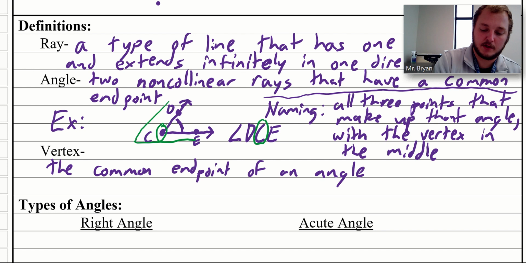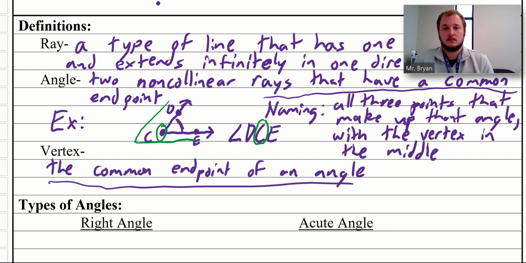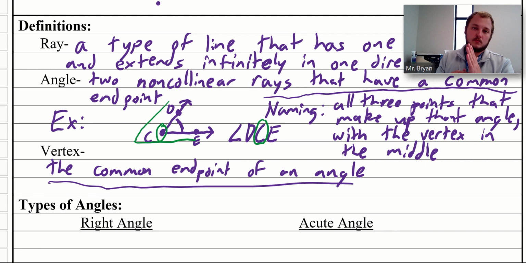So where those two rays meet, that kind of corner piece, that's where our vertex is always going to be. If you ever hear me say, make sure your vertex is in the middle, I'm talking about the middle of that angle. Where do those two lines or rays come together?